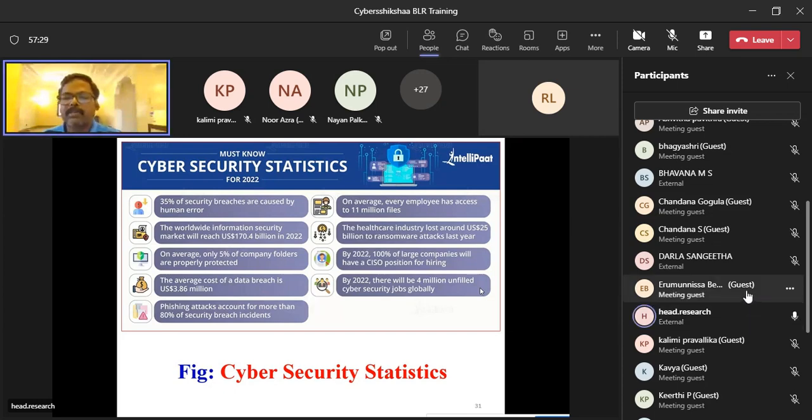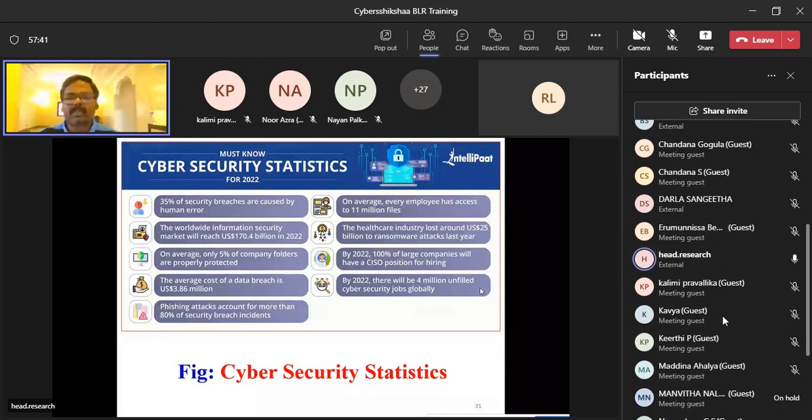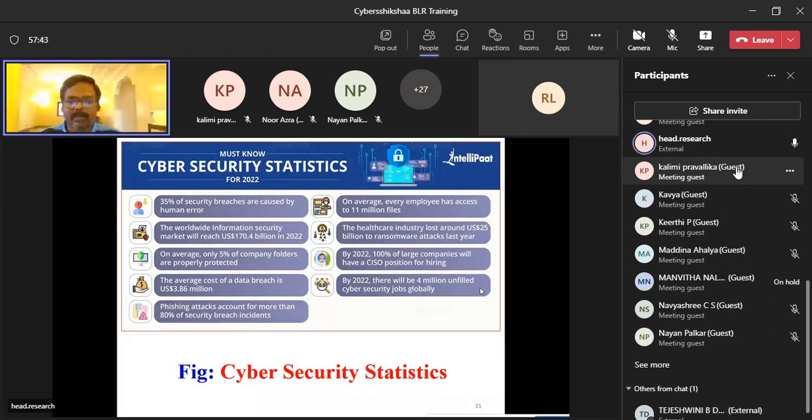By 2022, 100% of large companies will have a Cisco position for hiring in order to protect cyber security. By 2022, there will be 4 million unfilled cyber security jobs available. After completion of this training, you can expect everybody will get a job opportunity in industry.